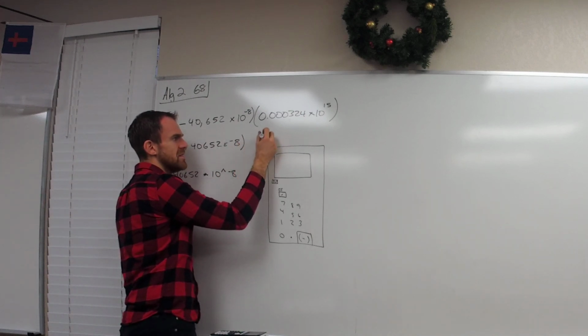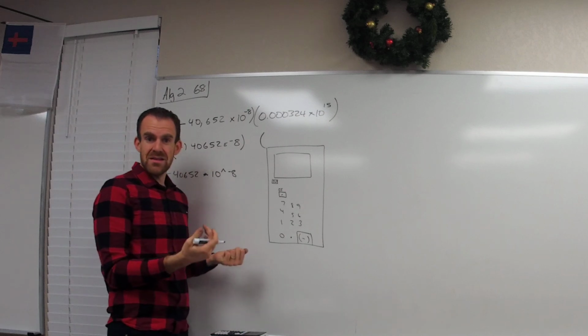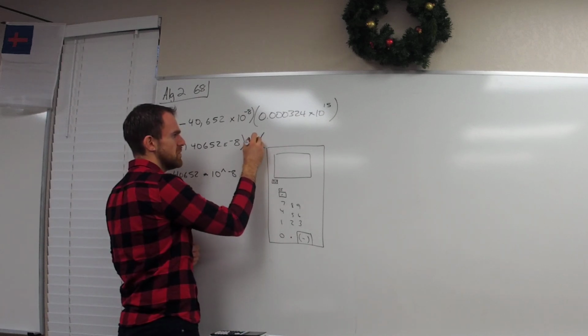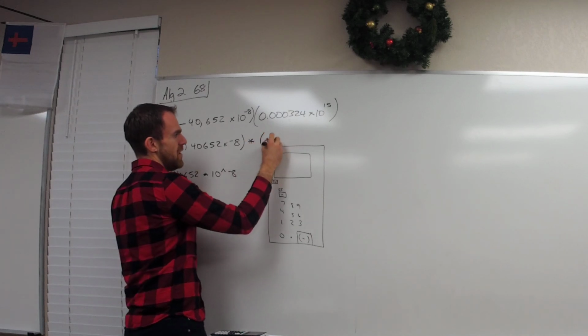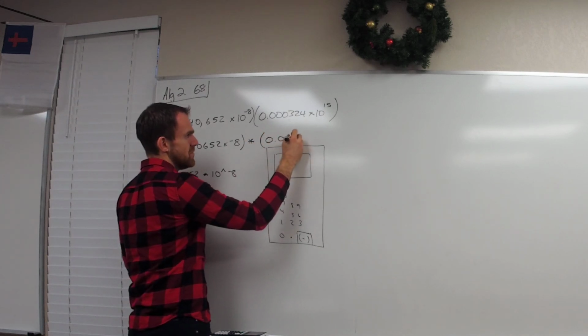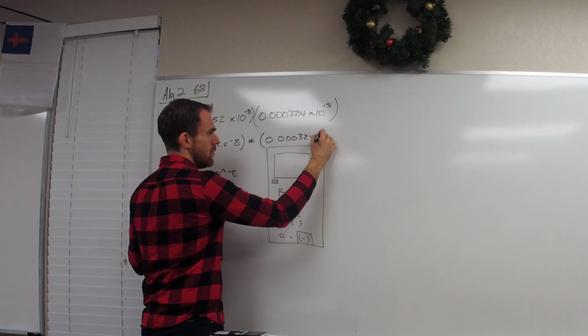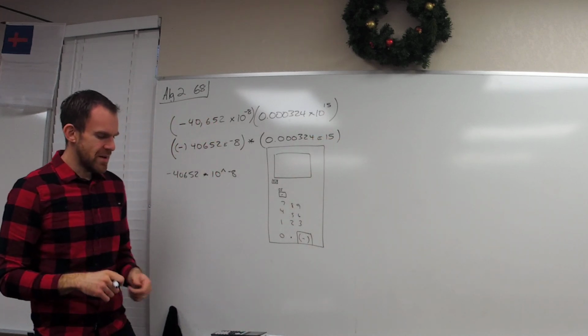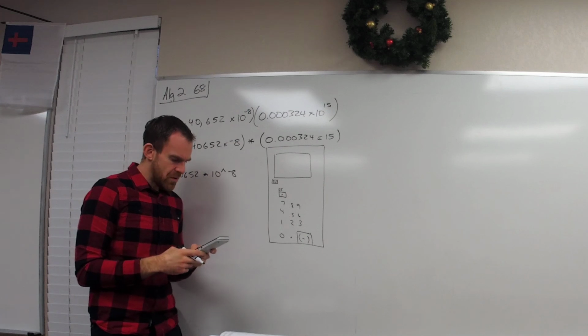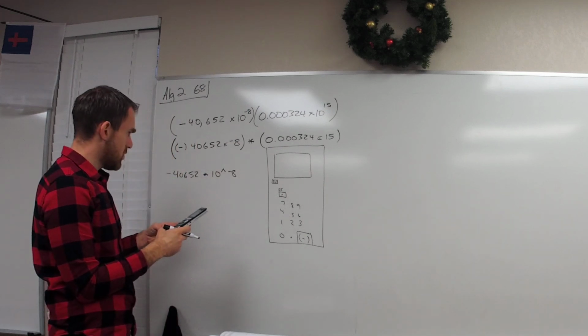Now, your calculator doesn't understand if you just put parentheses next to each other, so you have to press the times button, and then in parentheses, 0.000324 E15. So let's all punch that into our calculators now.